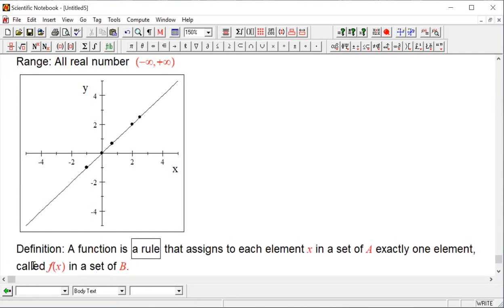This definition of function, it's just one sentence. One sentence covers so many functions and more. And we will show you after we cover all of these functions how we can produce more and more functions by adding, subtracting, multiplying, dividing, and composition. That's what you have much to look forward to.